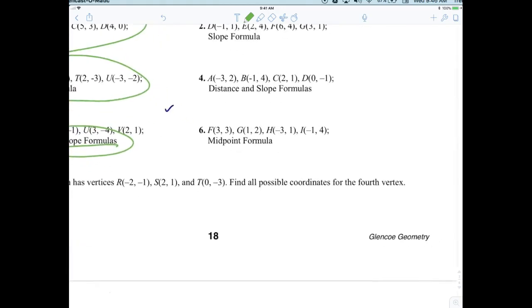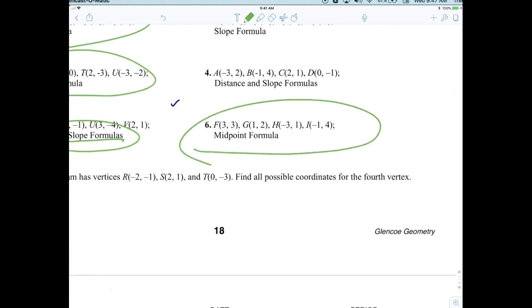Now, over here, I want to get to question number 6. To me, it's the easiest one. All you have to do is find the midpoint, which is simply the average of the x's and the average of the y's.